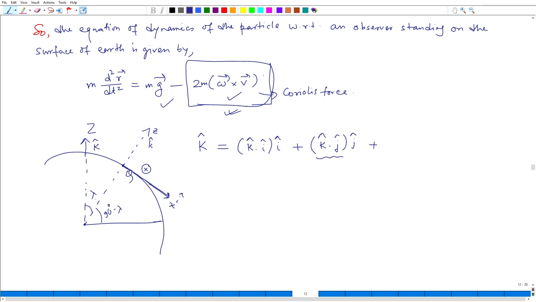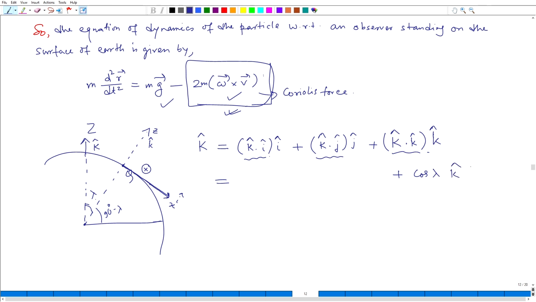These are simply the scalar projections of the capital K cap vector in those directions. Then plus capital K cap dot small k cap times small k cap. Now, what is this thing? This is nothing but cos lambda, because both capital K and small k are unit vectors, so their dot products will be simply the cosine of the angles between them. So, I can write cos lambda k cap.